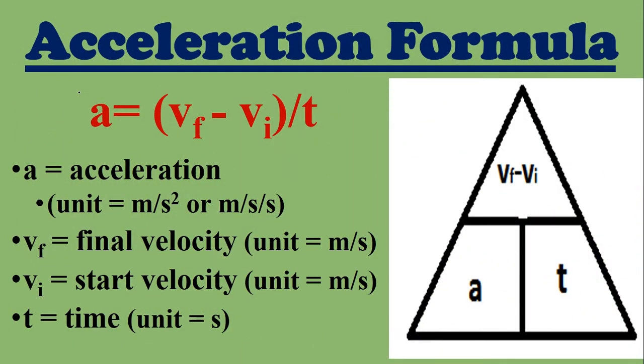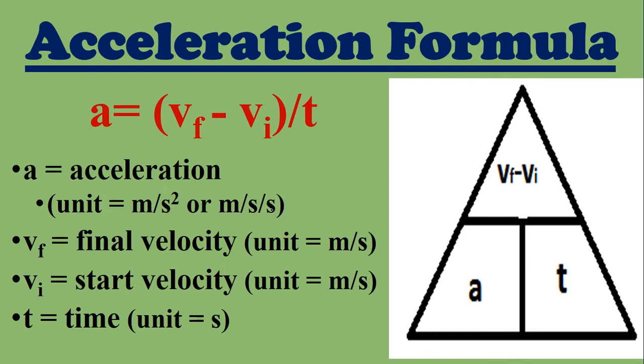Now, the acceleration formula is a little bit more complex than the previous formulas we talked about. I have it algebraically, but I do have it in the triangle form over to the right. The algebraic form says A equals parentheses Vf minus Vi, close parentheses, all of that over t, where the little a represents acceleration, which unit could be meters per second squared, or you can write it m over s over s.